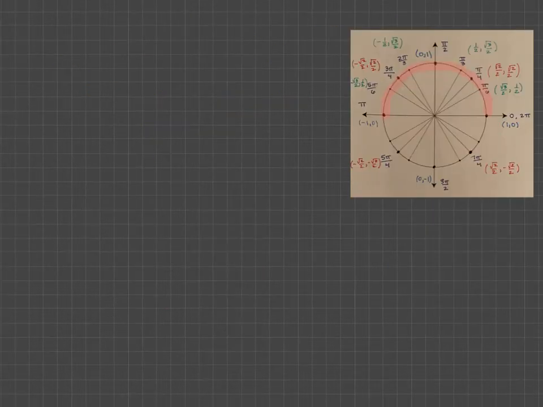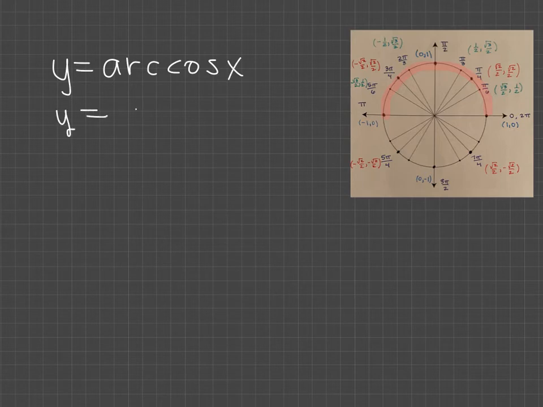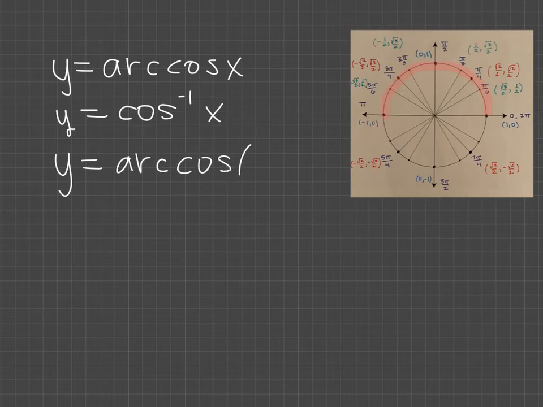Another way to express the inverse cosine function is y equal to arc cosine x. So that's equivalent to y equals this notation that we've been using with the little superscript of -1. Both of those notations express the inverse cosine of x. So let's use that notation and evaluate y equals arc cosine of, and we will put in a cosine value of 1.